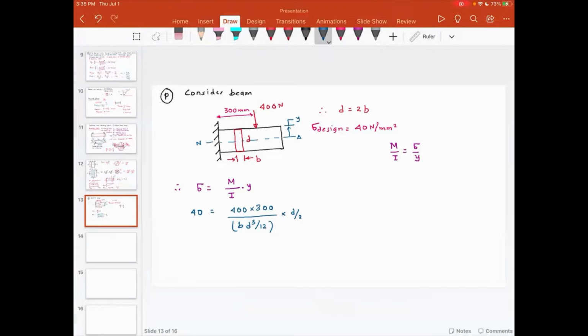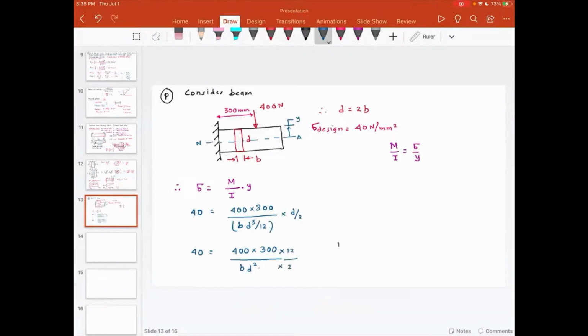And if you look at this overall setup, let me simplify this equation a bit. 400, 300 divided by B D square multiplied by 12 multiplied by 2.